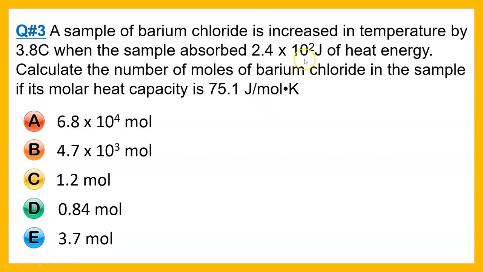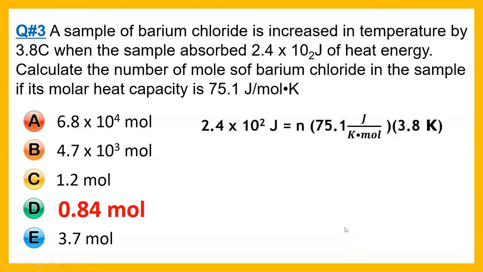We're told what the Q value was. We know the molar heat capacity, so we're just solving for moles. I like to plug my numbers in and then rearrange. And I find that n is 0.84 moles. I hope you can see that these problems are not very different. It's just using moles instead of grams.